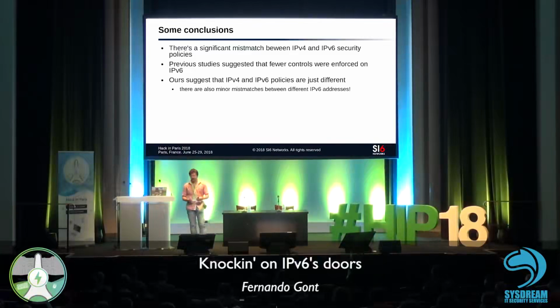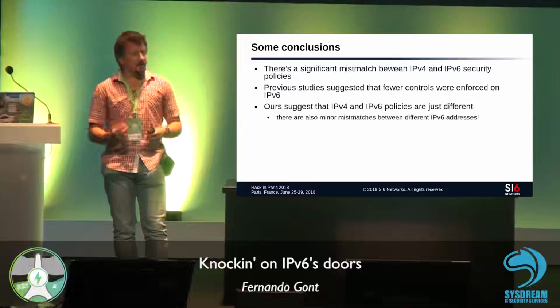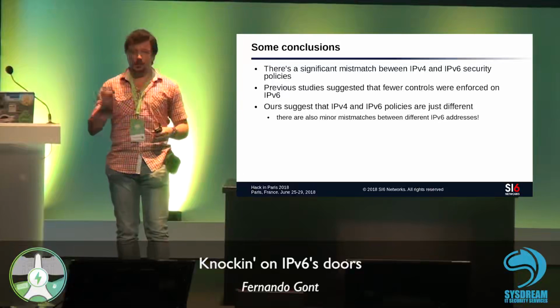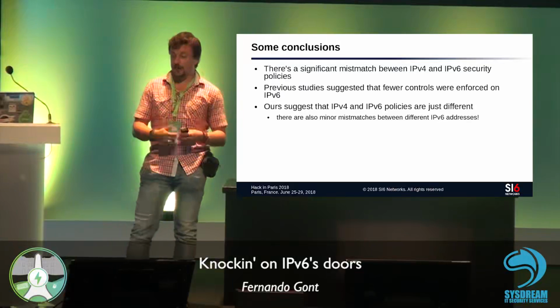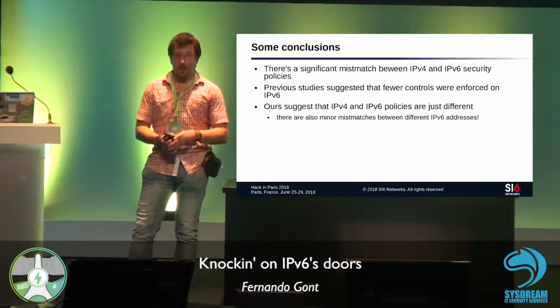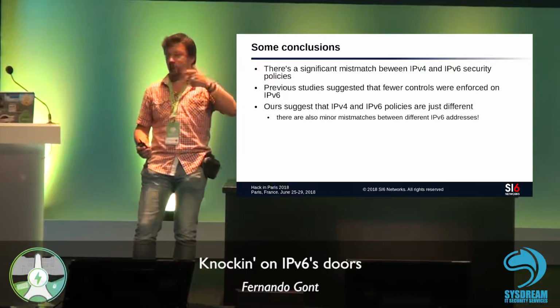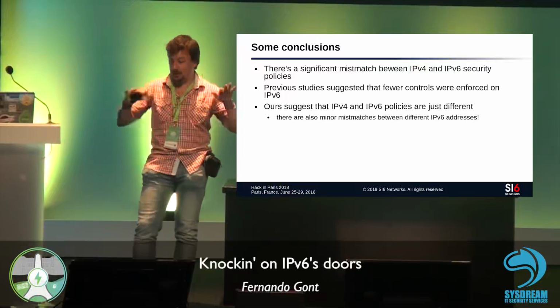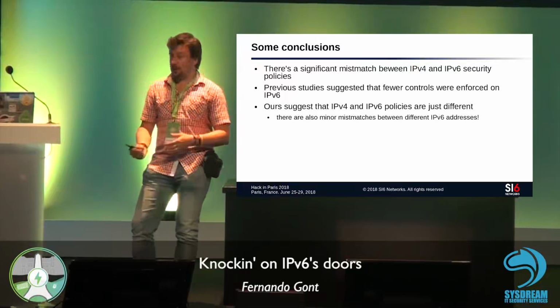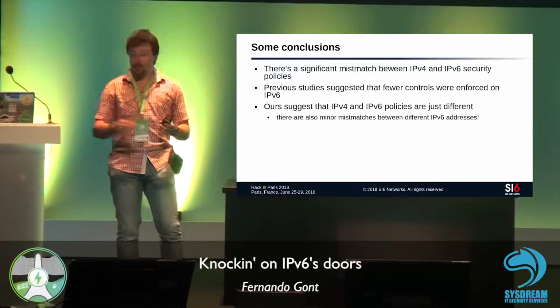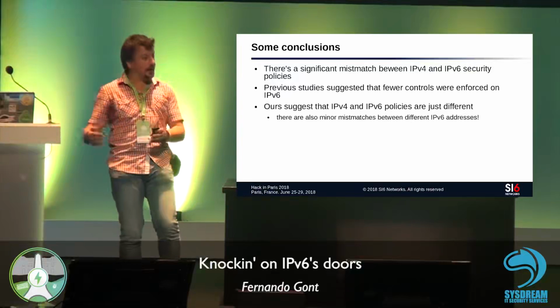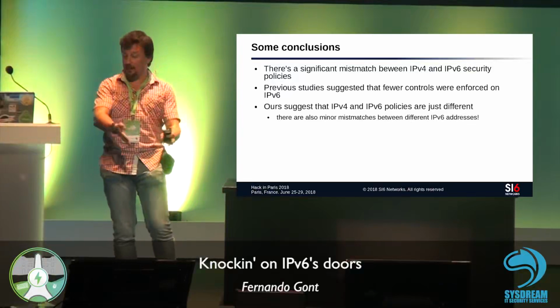One of them is, as I mentioned, that only a handful of security devices that I have checked allow you to enforce filtering policies that are agnostic to the network layer protocol, okay? So only few devices allow you to say, just filter port 80 in whatever protocol they are using on the network layer. All of the other ones are dependent on the network layer protocol, meaning that if you are just used to configuring things for IPv4, it's quite likely that your network will end up in things like this.